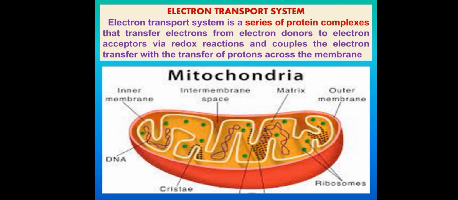In between these two membranes, there is a space that is known as intermembrane space. This electron transport system is located in the inner membrane of the mitochondria.